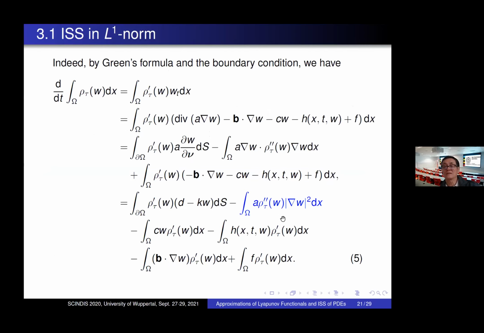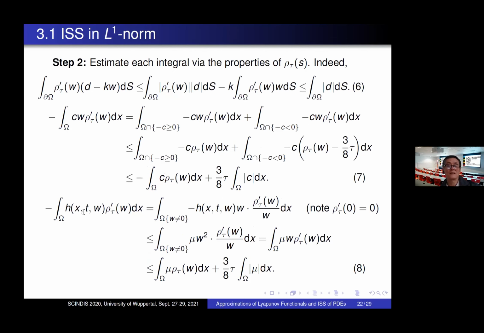Already you can see that this term in blue color involves the rho tau prime, which is always positive because the function is convex, so we can skip this term in the analysis, and then we can estimate every term, every integral in this expression.